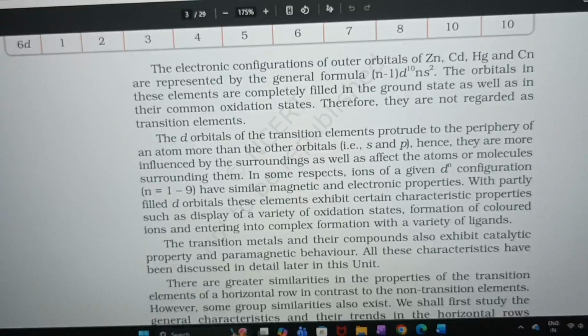They will form colored ions, and there will be complex formation with a variety of ligands. Ligands are basically any species, any ion or atom or compound which is going to give a pair of electrons and make a bond with a metal. So actually these are responsible for the colored ions also, which we will learn later.